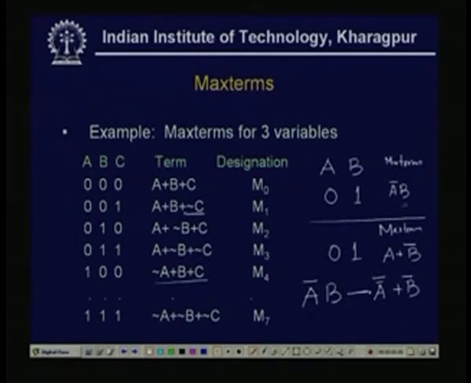Now, again from the involution theorem, the complement of complement A is nothing but A itself. So, this is A and this will be B bar, which is nothing but our max term A plus B bar, and the min term is A bar B. So, that is why the reverse convention is taken. That means, in the min term, if A equals 0, then 0 is treated as the complemented one, and in the max term the 0 will be treated as the uncomplemented one.